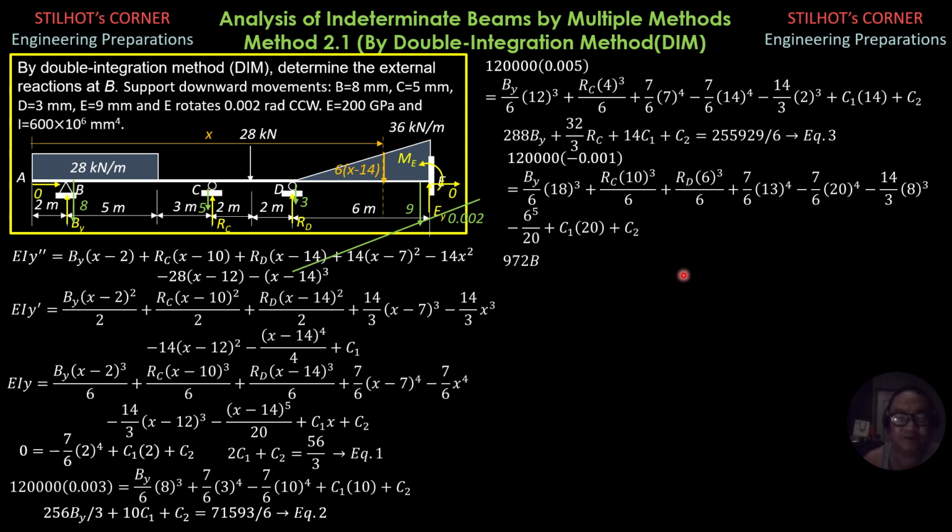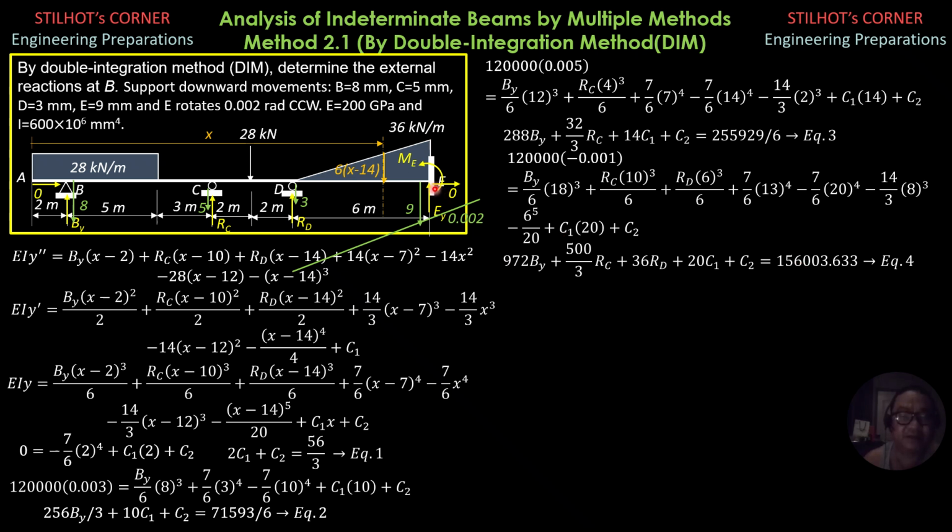Simplifying this equation, we have 972 By plus 500 over 3 Rc plus 36 Rd plus 20 C sub 1 plus C sub 2 equals 156,000 point 633. Call that equation 4.